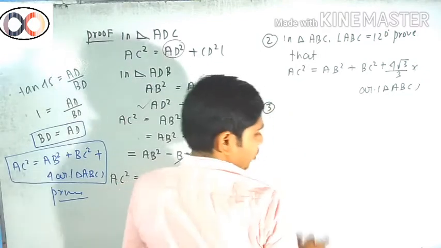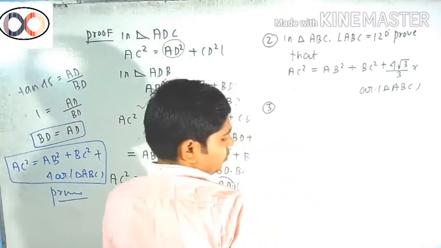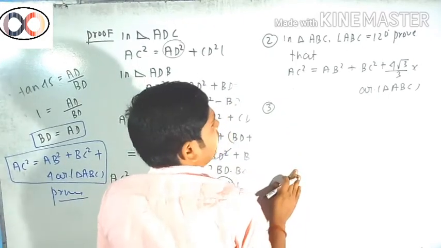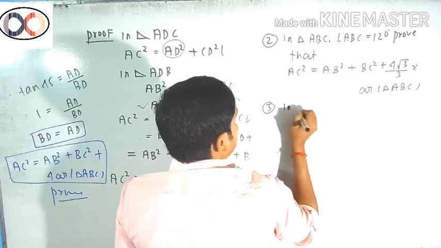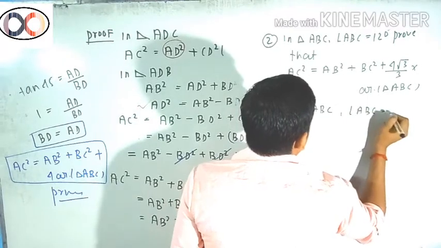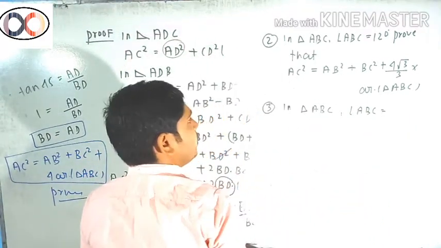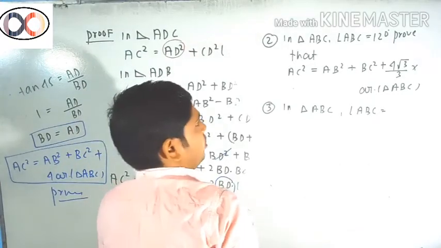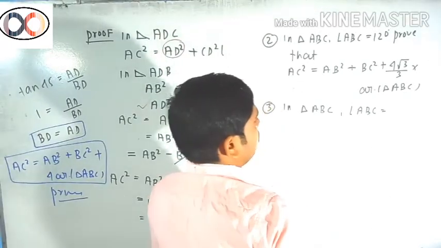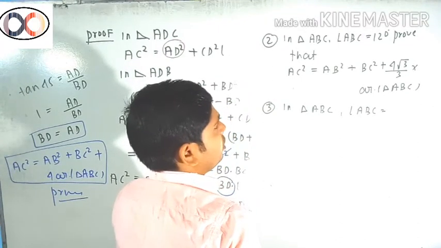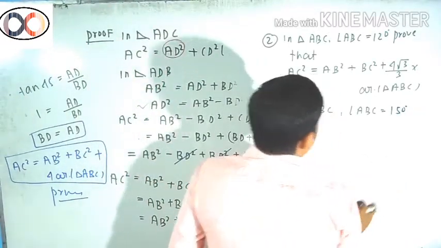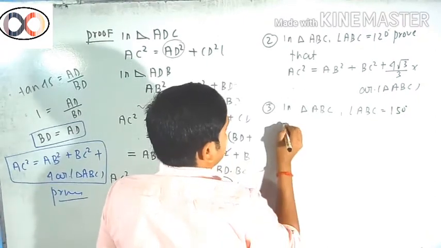Question number 3: in triangle ABC, angle ABC equals 150 degree.